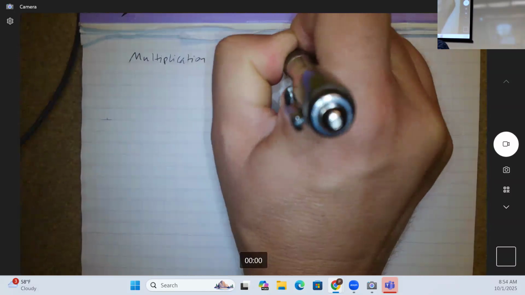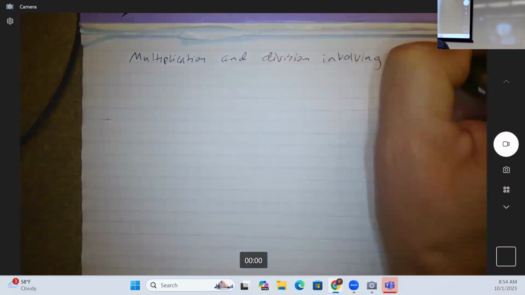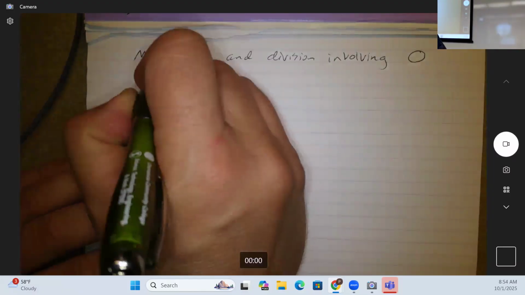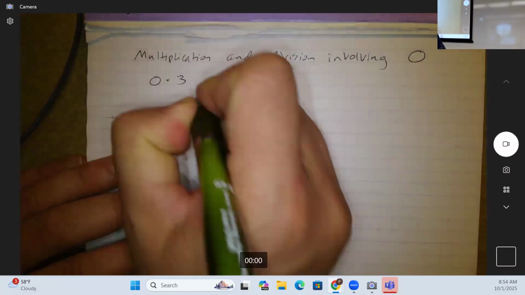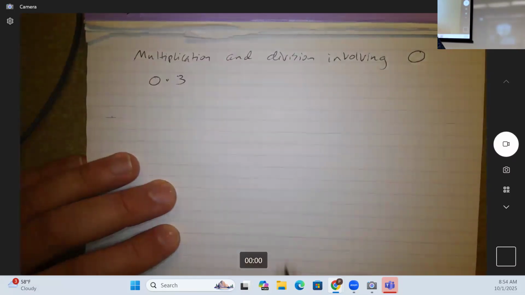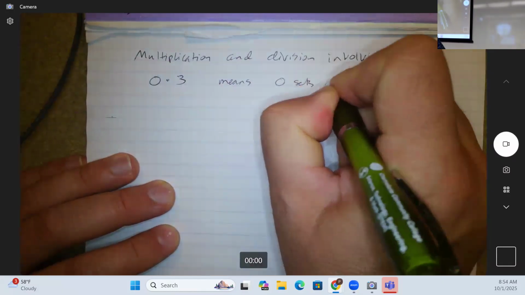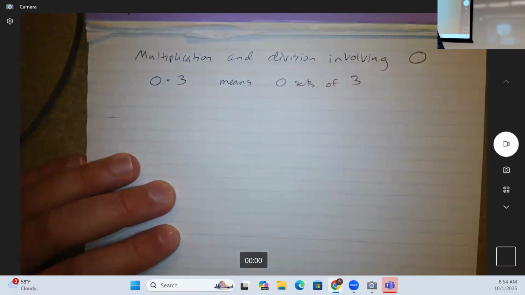Multiplication and division involving the number 0. 0 is really great with addition and subtraction because it doesn't change anything. 0 tends to cause issues with multiplication and division. 0 times 3 means 0 sets of 3.